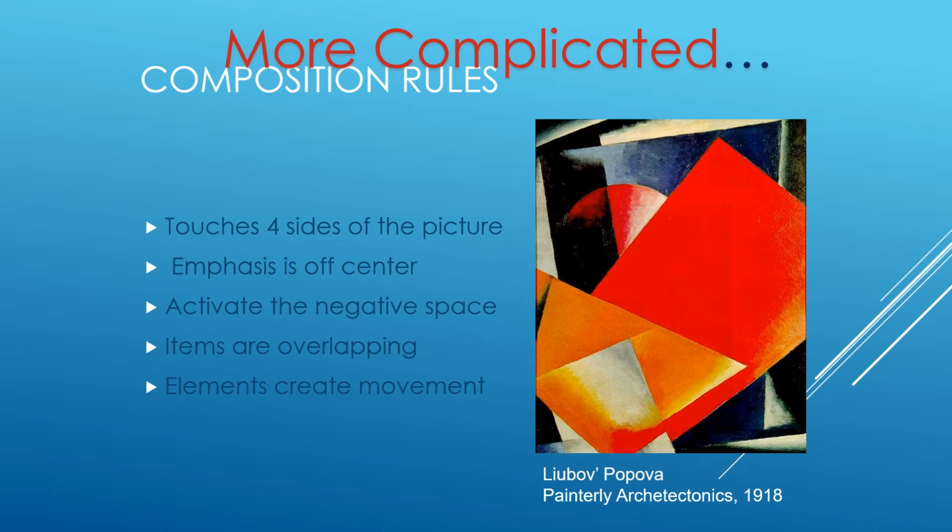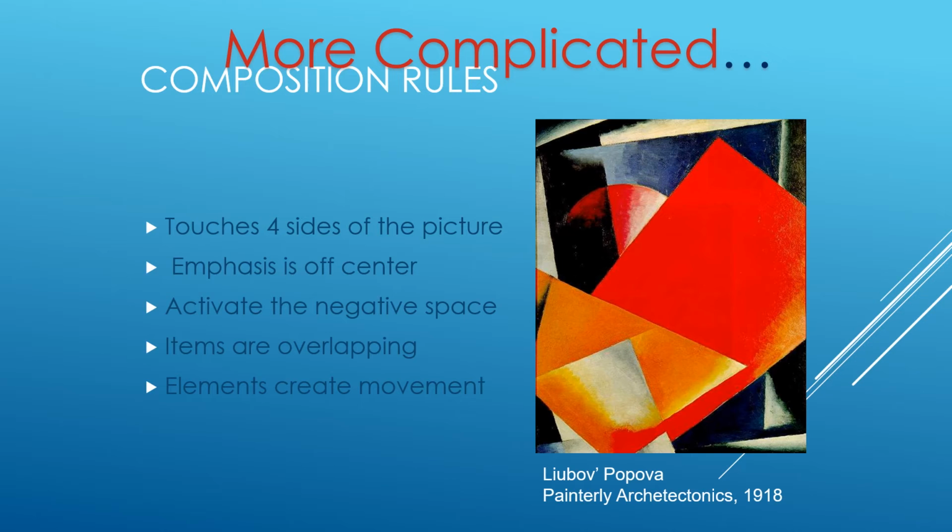Now what we want to do is make it more complicated by following the composition rules. The composition rules state that the elements must touch the four sides of the picture, that there needs to be an off-center place of emphasis to draw our eye to, and that there needs to be an activation of the negative space, which very simply means: what are you going to do in the background?